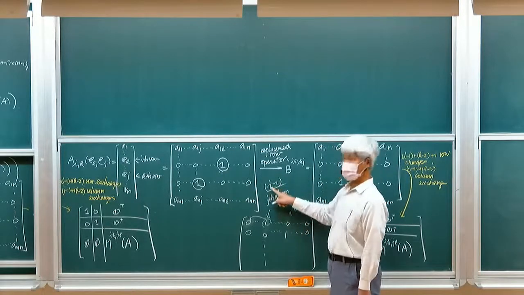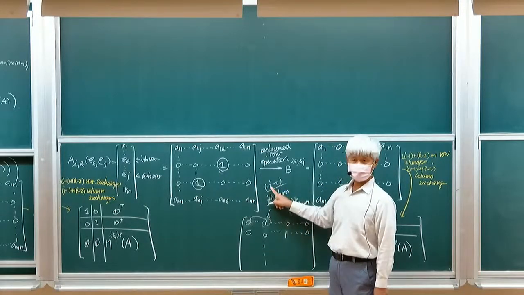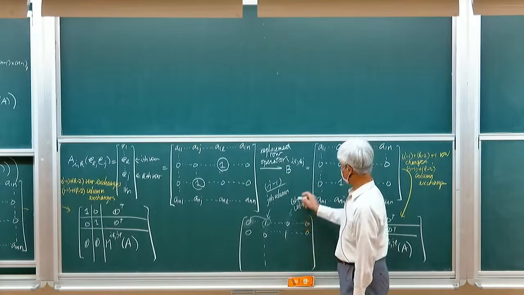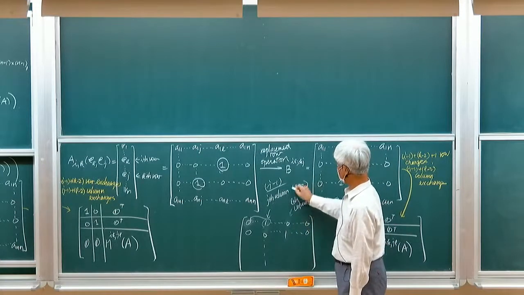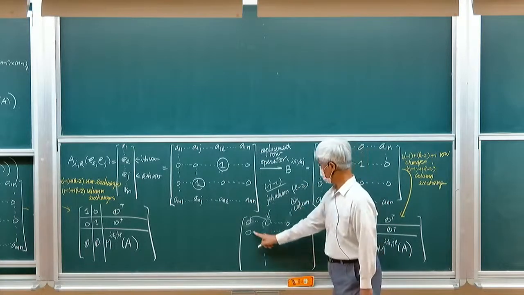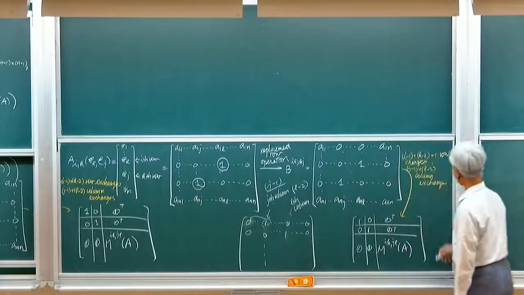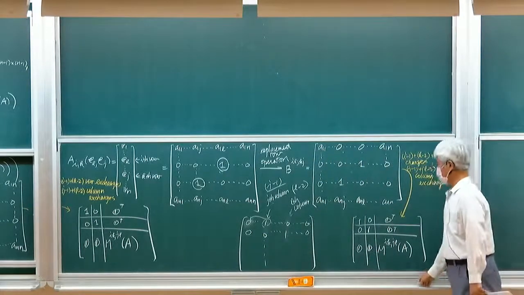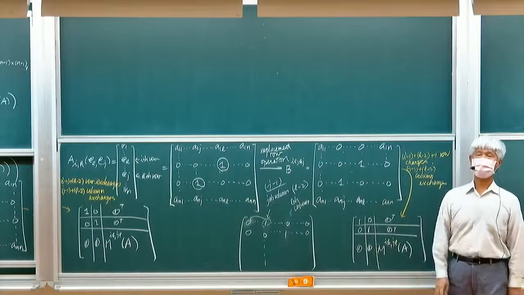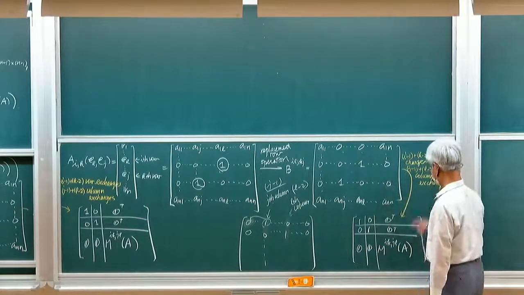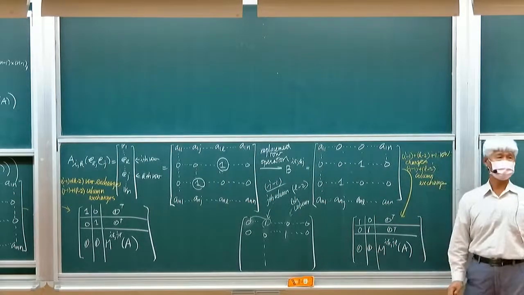So when J is 1, you don't need any column exchange; it's 0. And for this one, you need L minus 2 column exchanges to move it to the 2 position here. So one more row exchange will alleviate our difficulties. That's why we have that. Questions?